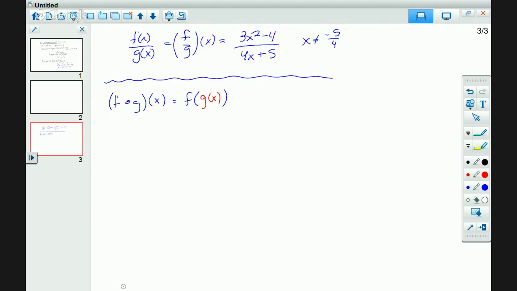Okay. So. I'm going to take g and put it inside x, right?